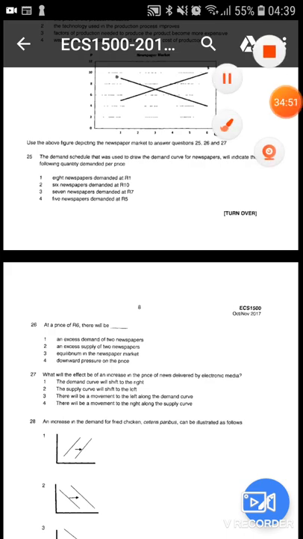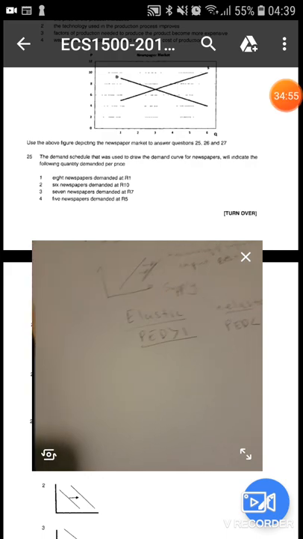Okay, let me draw something for you here. Question number 25, because it seems like the graph is not visible enough. So this is supply, this is demand. If you look at 5 rand, because the units are going by 2, 4, 6, let me put it at 5 rand.